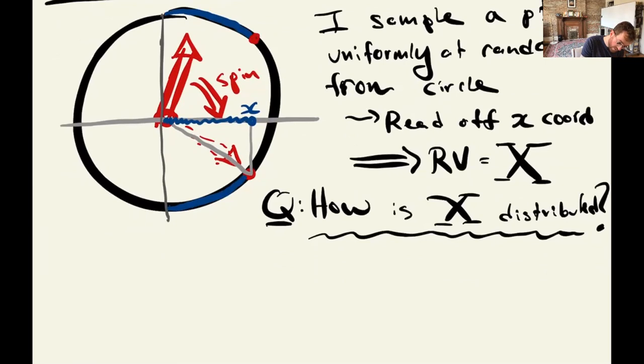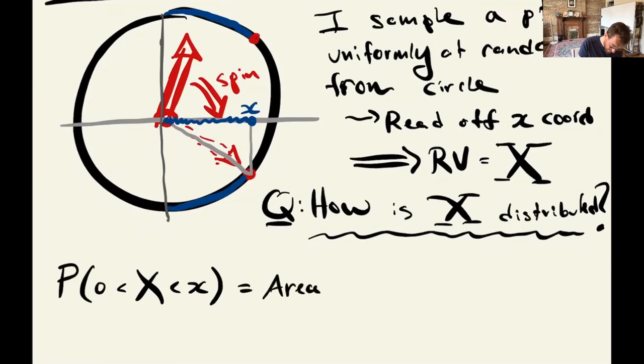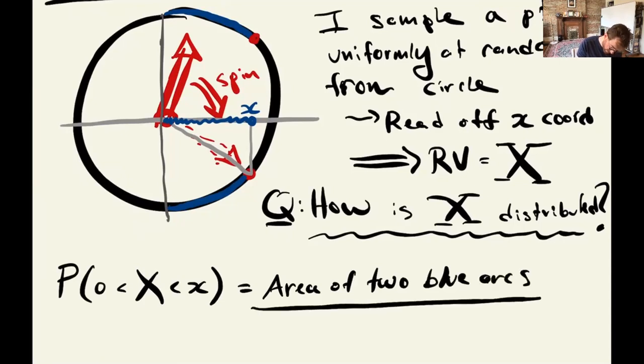So said slightly differently, the probability that capital X, our random variable, is between 0 and little x, indicating the picture, is going to be the length of the two blue arcs divided by the total circumference of the circle.